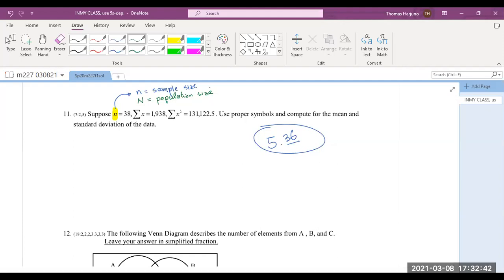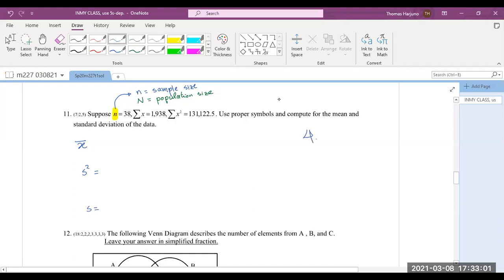But once you know that, then you basically apply the formulas for each, right? And once we know that it's a sample size, then it will be the sample mean, and the variance will be S squared. Once you compute that S squared, then you compute the S. Okay, let me ask you to do that. 536, right?